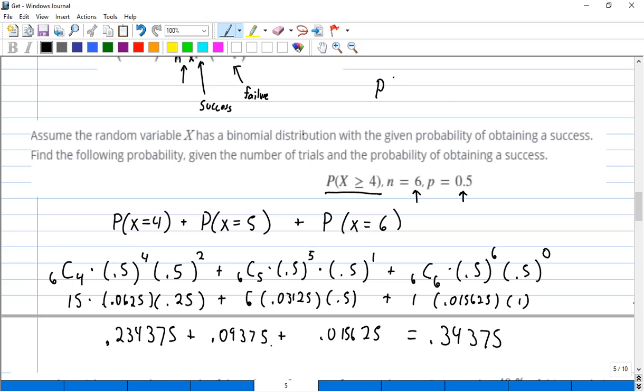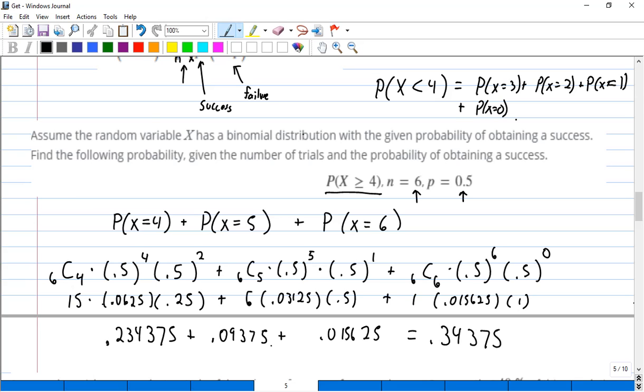If the problem would have been the probability that x is, let's say, less than 4, then that would have been the probability that x equals 3 plus the probability that x equals 2 plus the probability that x equals 1 plus the probability that x equals 0.